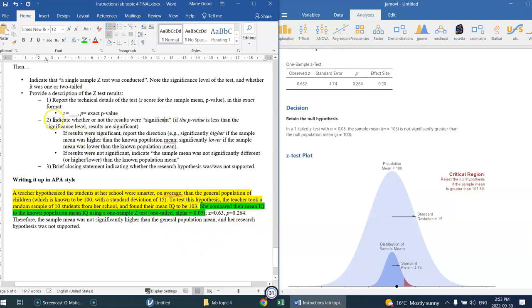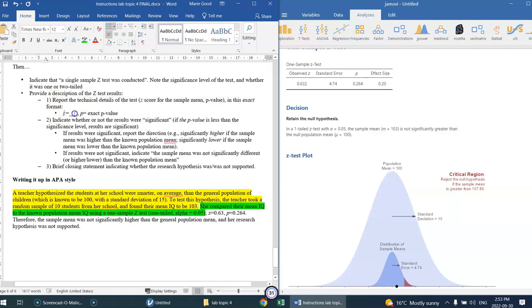And this next step here is where you indicate whether or not the results were significant. And so exactly what you write depends on whether or not the results were significant. Okay. Sorry, I got ahead of myself there. Now you're reporting the technical details of the test.